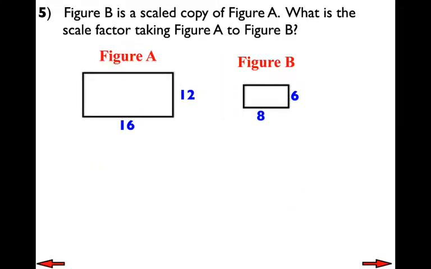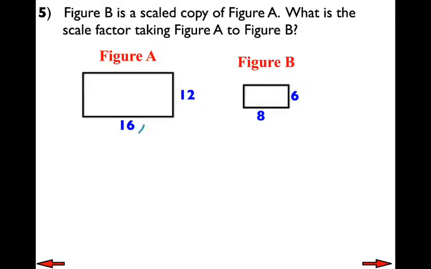All right. Now notice in number 5, though, figure B got smaller. Or we took figure A and we made it smaller to see figure B. So we have to pay a little more attention to what we're doing here. And in order to make 16 into 8, we would have to multiply by some fractional value.